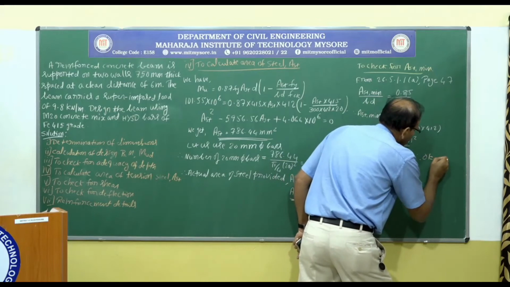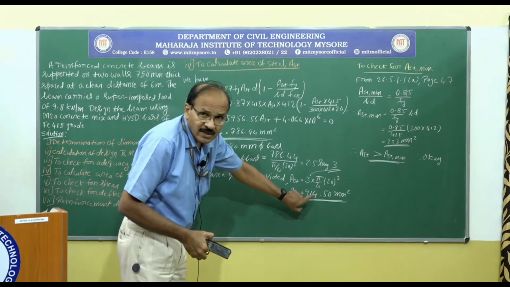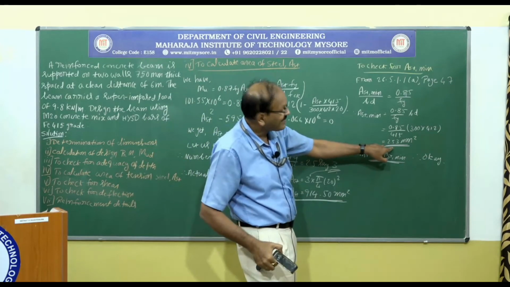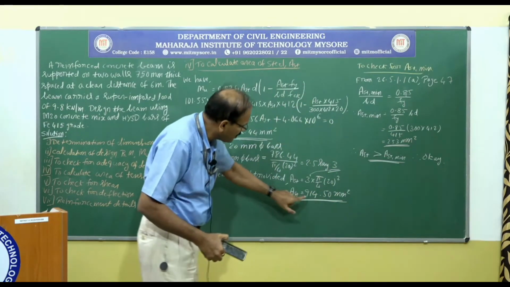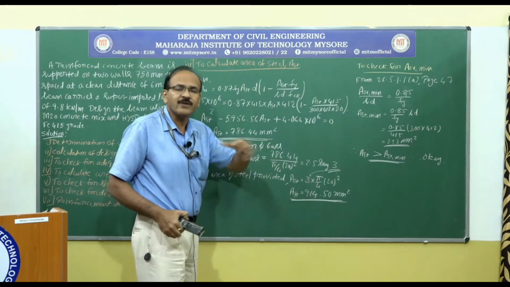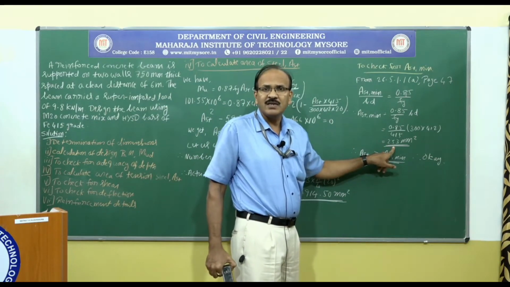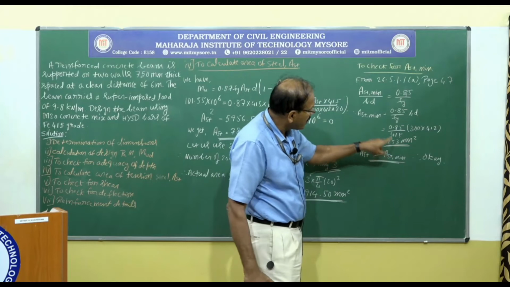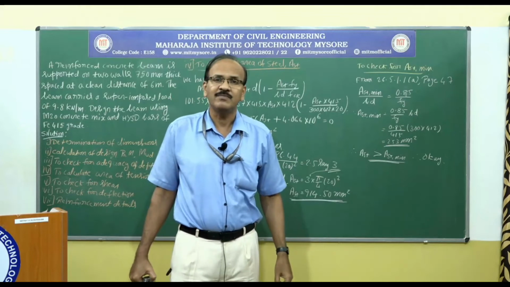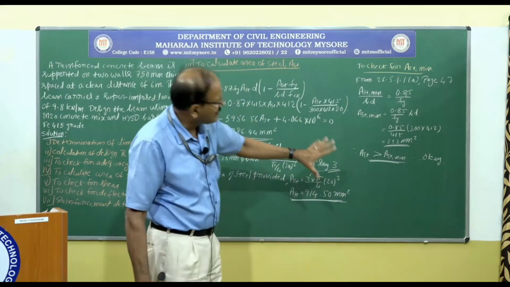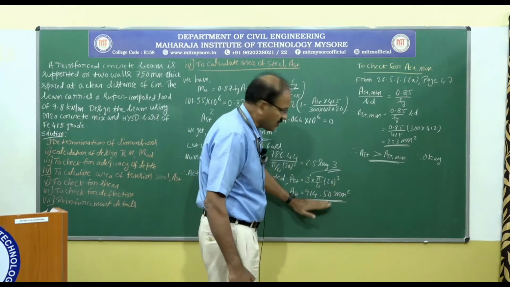The actual Ast is 914.50, and the minimum we have to provide is 253 millimeter square. In case this value is, say, 200 millimeter square, we go ahead and provide at least 253 millimeter square of tension steel. That is done to avoid brittle fracture of steel. In this case, yes, we are okay.